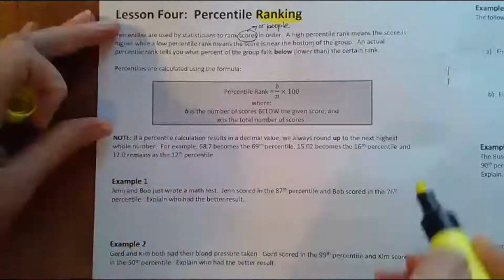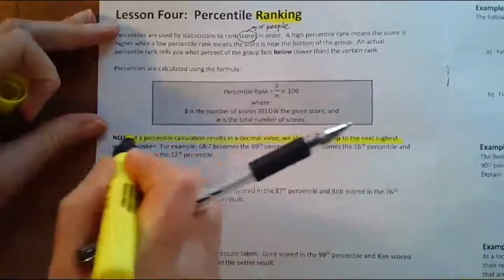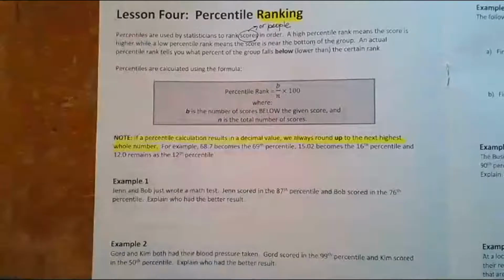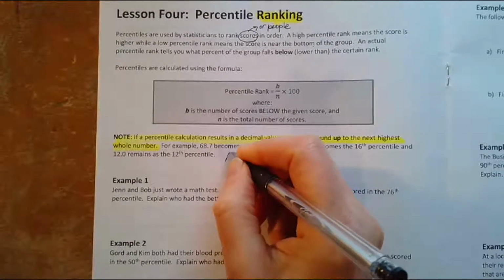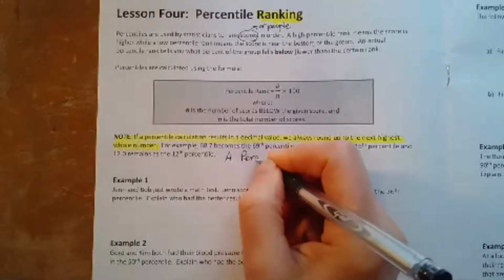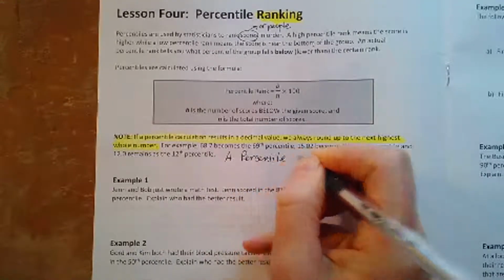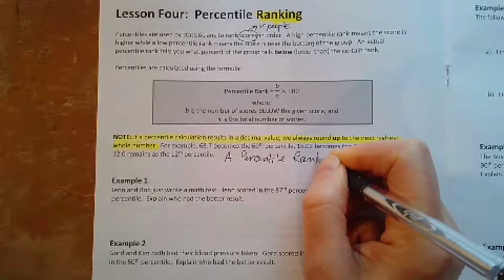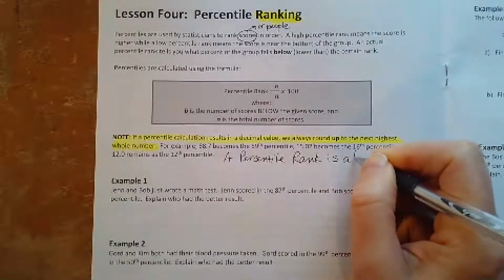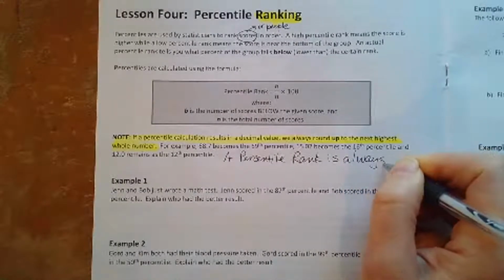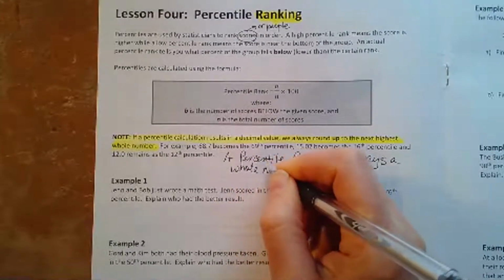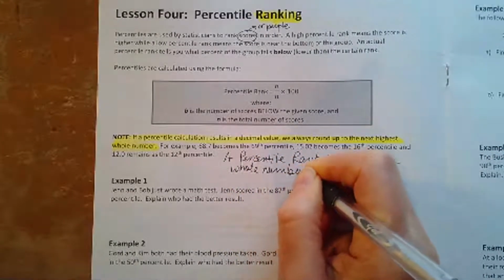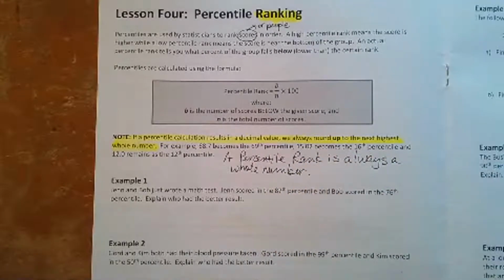To be completely clear, a percentile rank is always a whole number, because you're defining your position in the class.